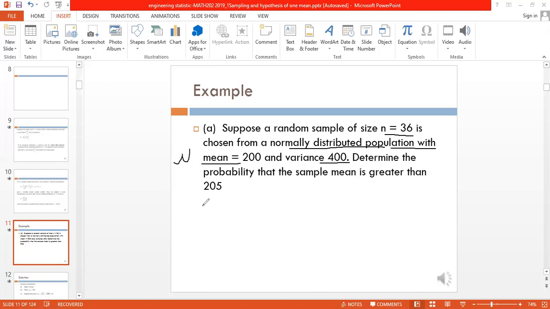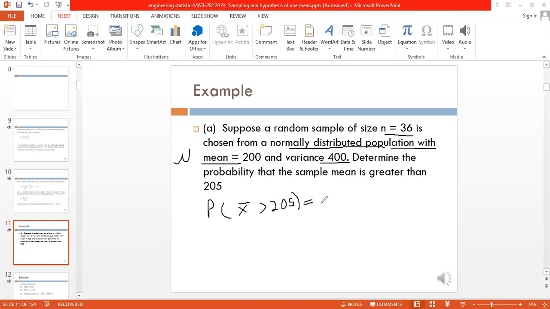So this is quite simple. So we want to find the probability that X bar, the sample mean, will be greater than 205.